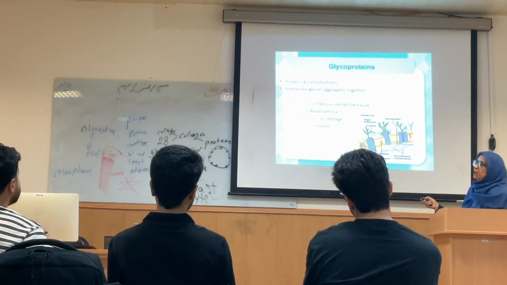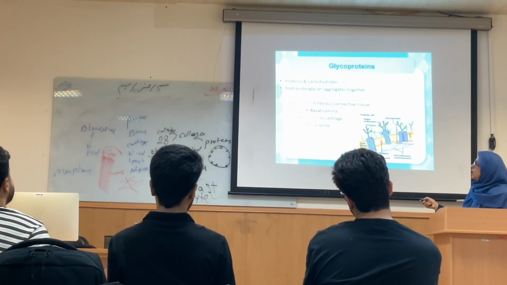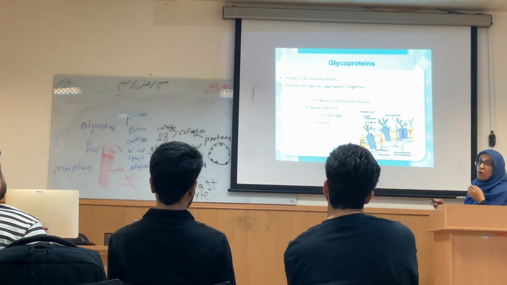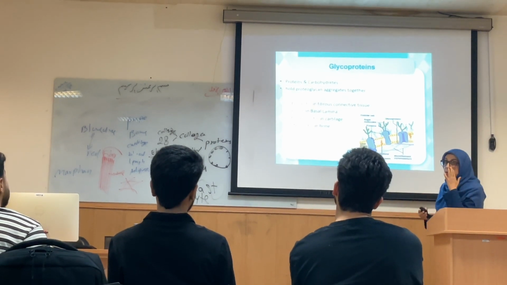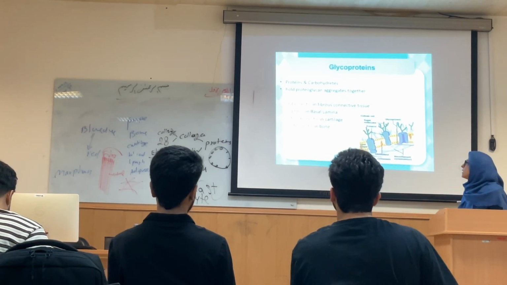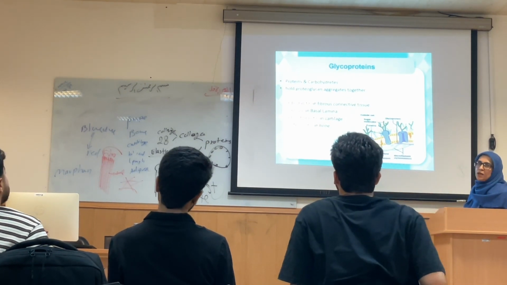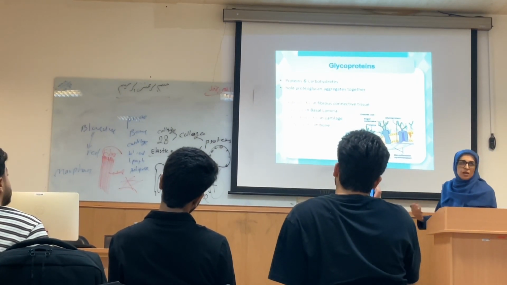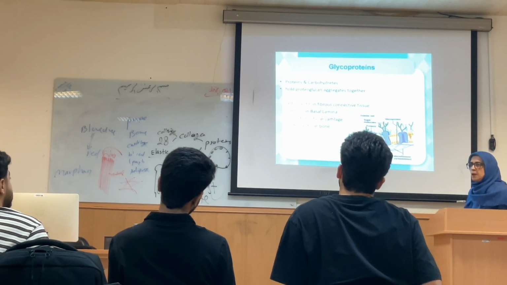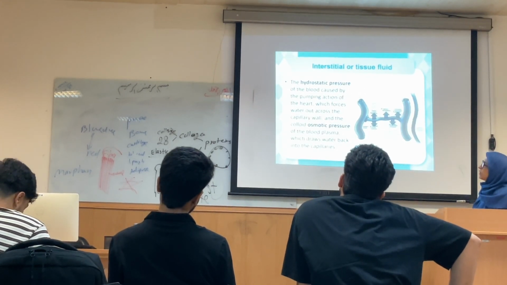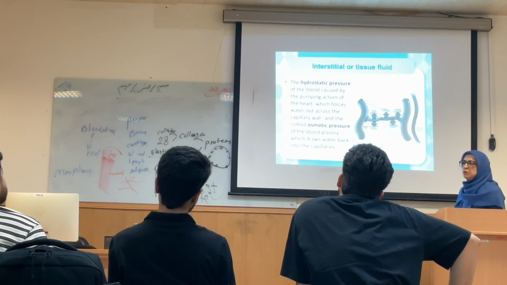Chondronectin is in the cartilage. Osteonectin is in the bone. And laminin is in all of the basal lamina and basement membrane of the cell. Another question maybe: for example, chondronectin is located in which tissue? Interstitial fluid is water.